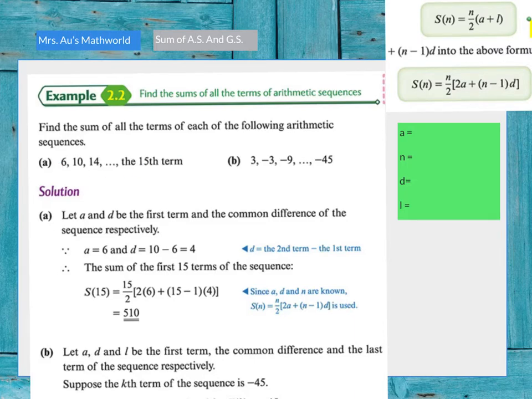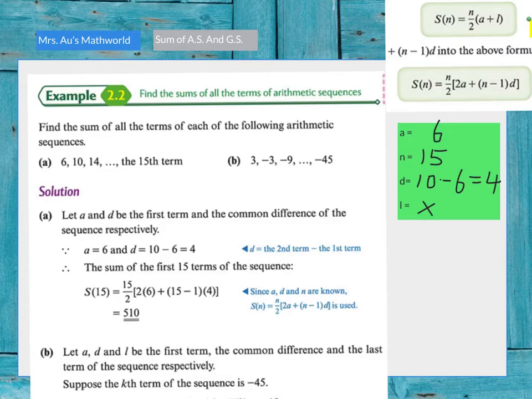We get the 15th term from the question, 15, and the first term is equal to 6. For d and l, we only need to know one of them. So d, from here you can see, is 10 minus 6 equals 4. L, no need to check.